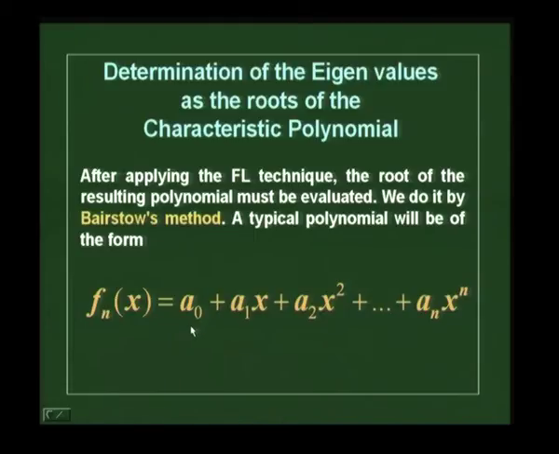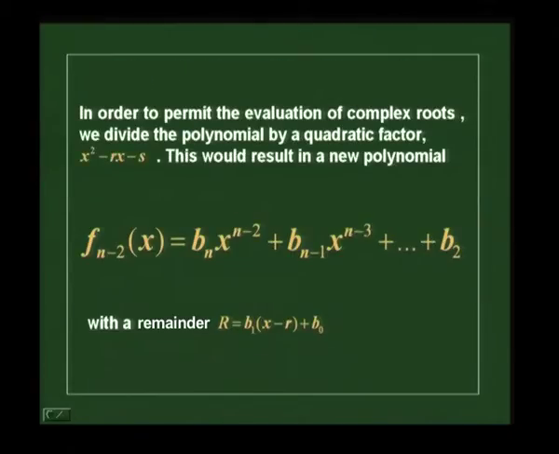So I can say that this polynomial should be divisible by a quadratic polynomial. I construct a quadratic polynomial of this form, x squared minus rx minus s. I divide my original polynomial f_n, an order n polynomial, by this, and then I will get a polynomial of order n minus 2.